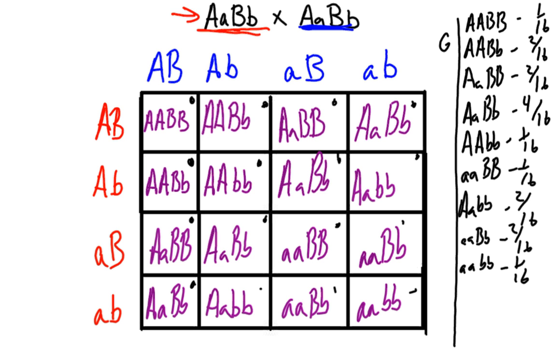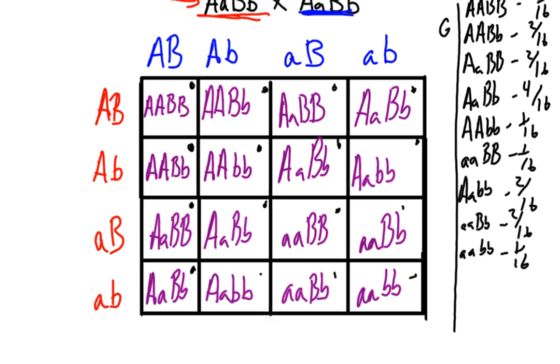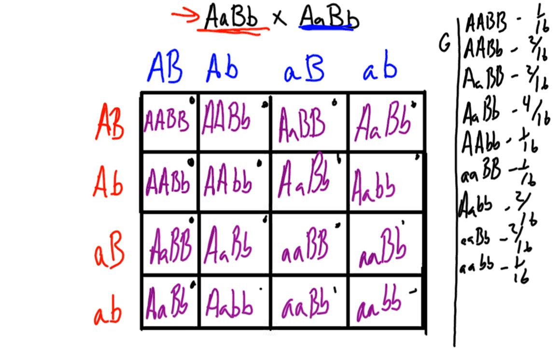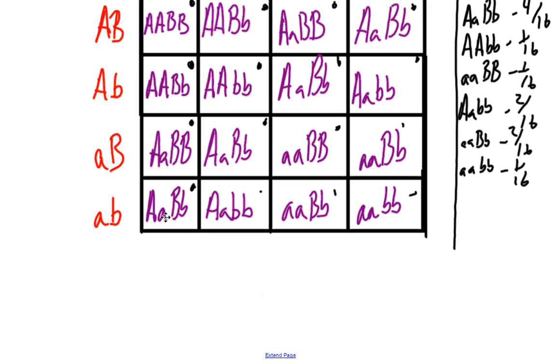Now, again, handwriting's a little crazy, but you kind of get the idea. There are 9 different genotypes in this cross between 2 individuals heterozygous for both traits.